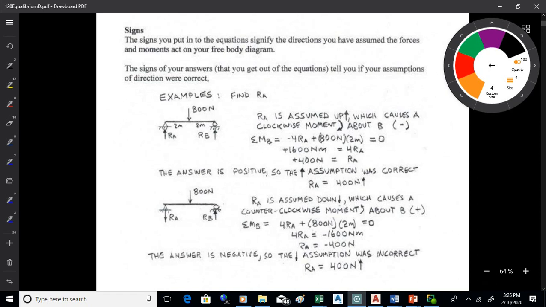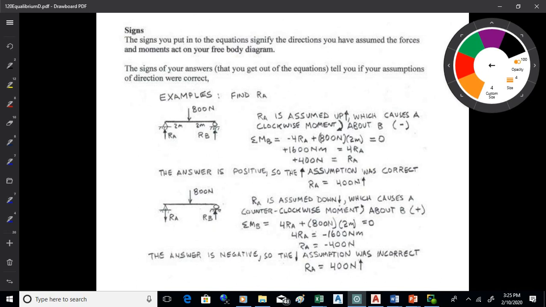Now there is a little deal with signs, and we talk about this a lot. I'll mention it. It'll probably make more sense when I show you an example of this, but I'll at least mention it now. The signs that you put into the equations are based on what direction you assume the forces act.